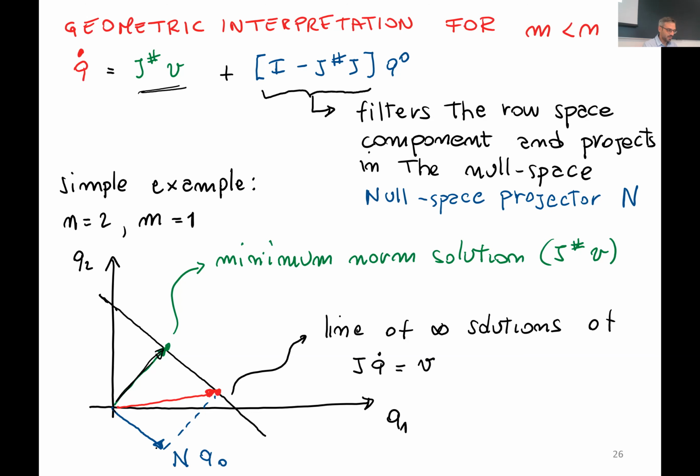And you see that this is the line of all the infinite optimal solutions that realize B. So among the infinite ones, I take the minimum norm one, plus I can add the null space component that is orthogonal to the range space one and is not affecting B, and obtain the Q dot.